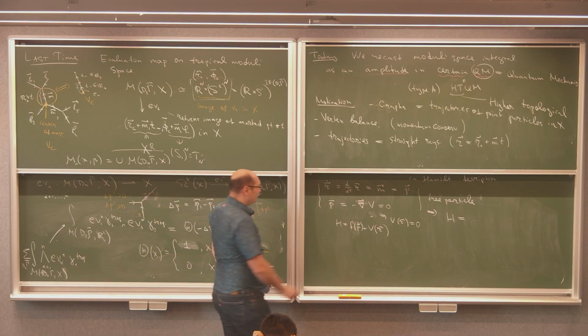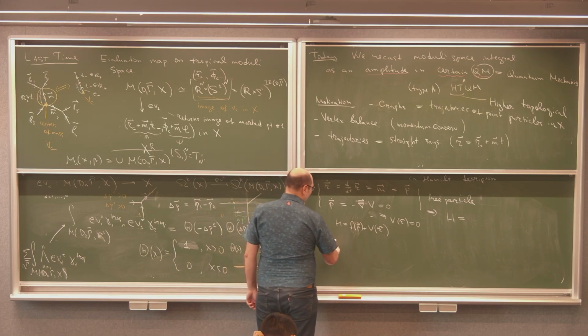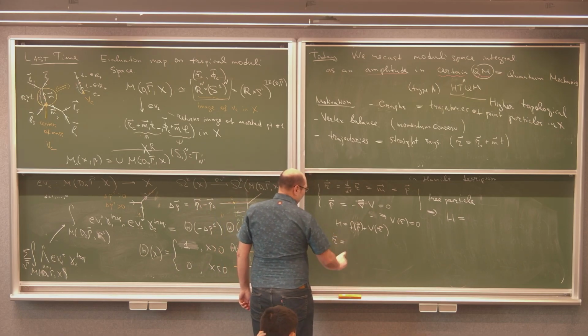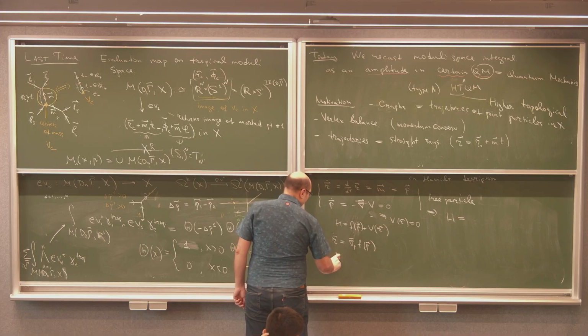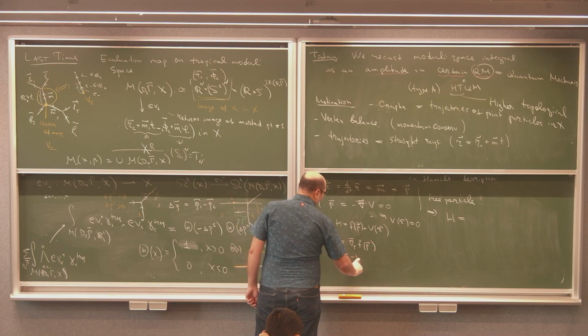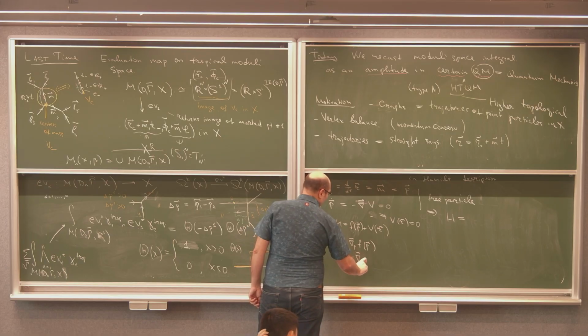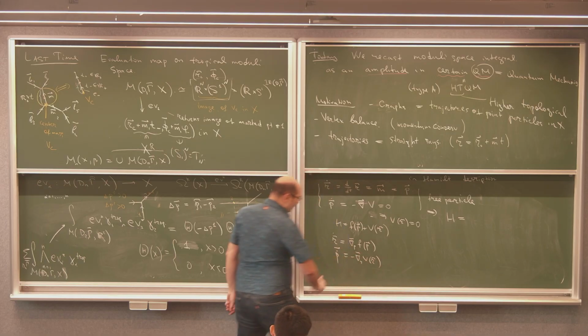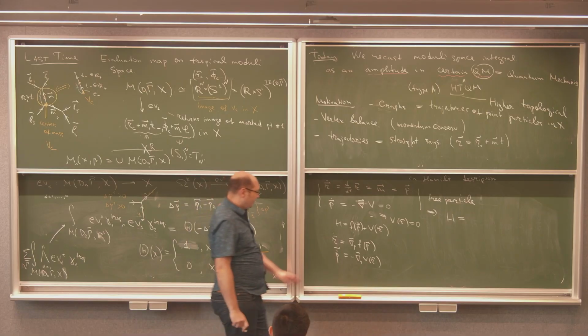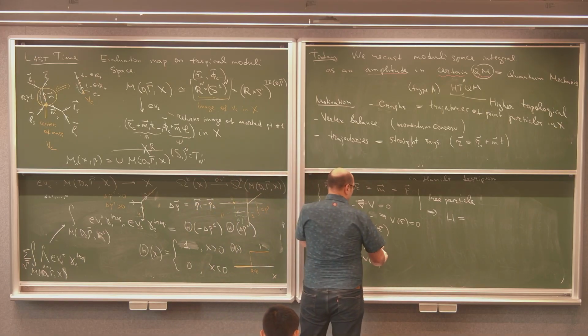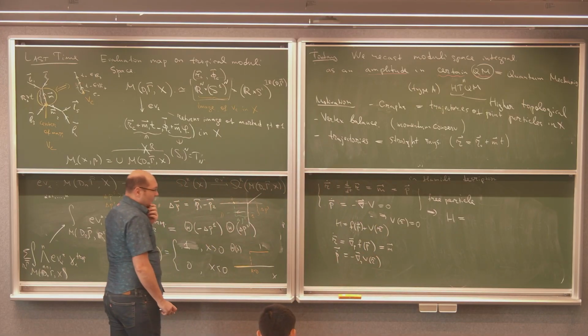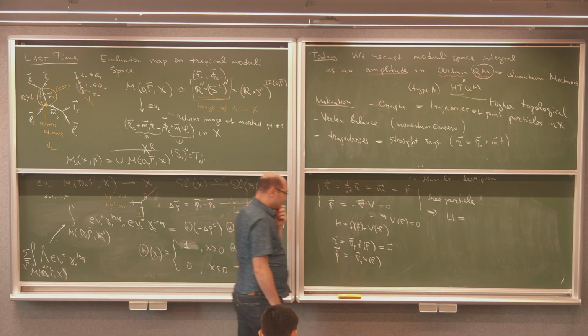The equations of motion for such a Hamiltonian would be the following. r dot will be the gradient with respect to p of this function of p, and p dot will be minus the gradient with respect to the radial coordinates of V. So in our case, this p dot is just 0, and r dot is just equal to a constant vector m.